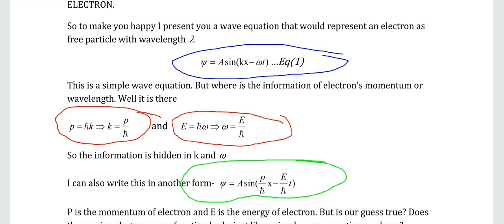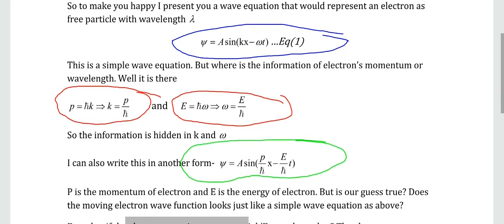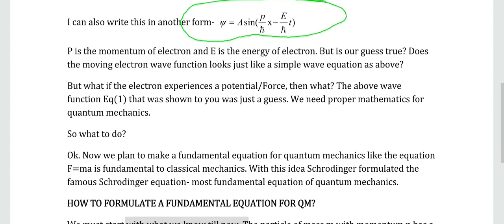So I'm in trouble now. Well, I need to continue further to make you understand what a wave function is. p is the momentum of the electron and E is the energy of the electron. Just for a moment, the poor teacher says to the student, trust me and assume that the wave function inside the green box is correct.